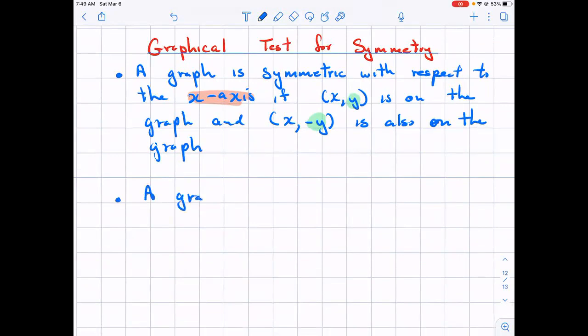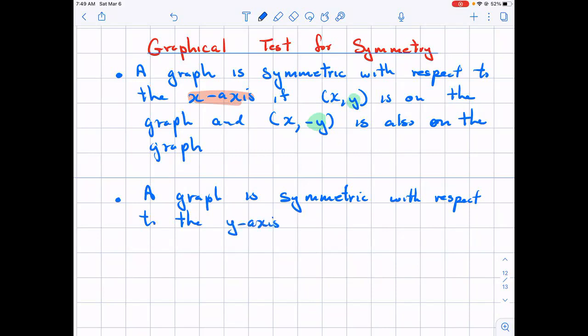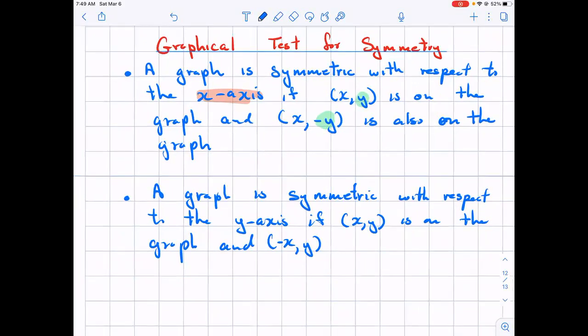So a graph is symmetric with respect to the y-axis if x comma y is on the graph and minus x comma y is also on the graph.